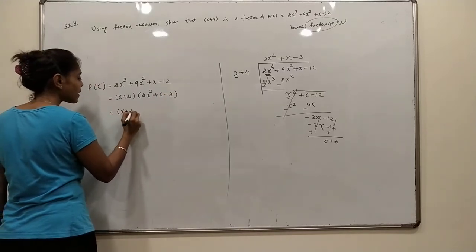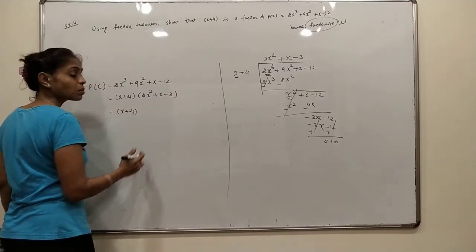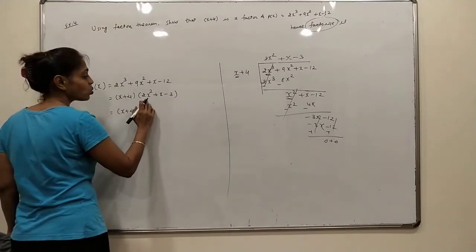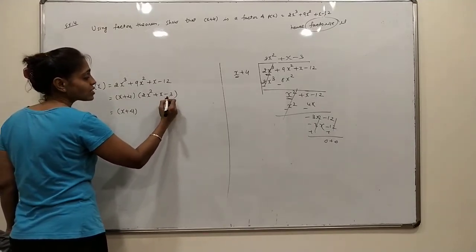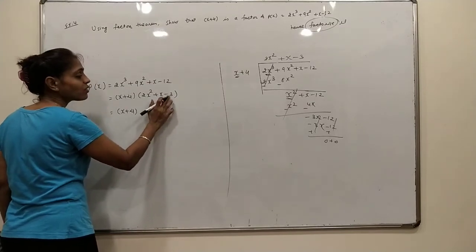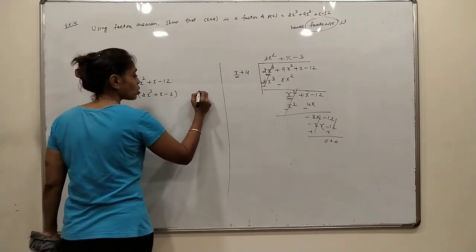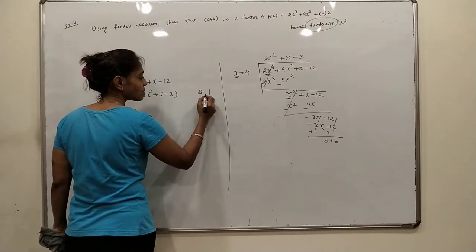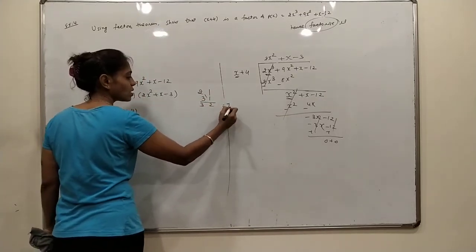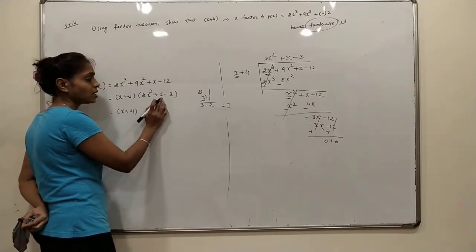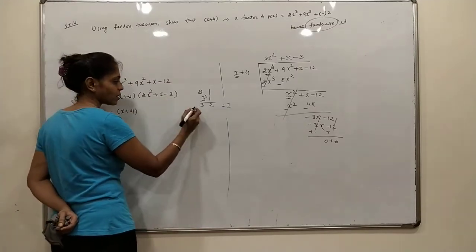Now the second bracket is a quadratic equation. We know how to do splitting of a quadratic equation, such that the subtraction is 1. So 2 ones are and 3 ones are. Subtraction is 1. Subtraction in a different sign, the middle term sign goes to the greater number.